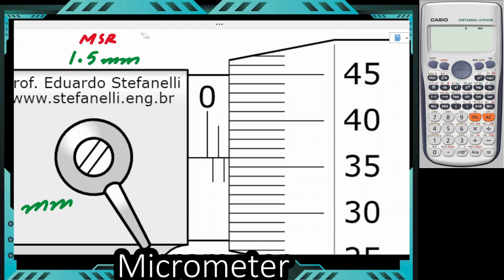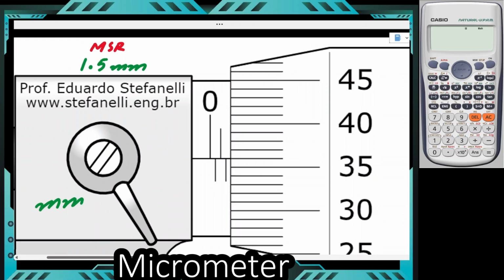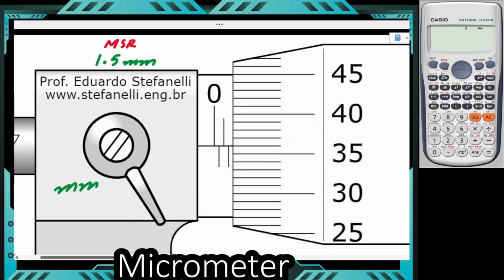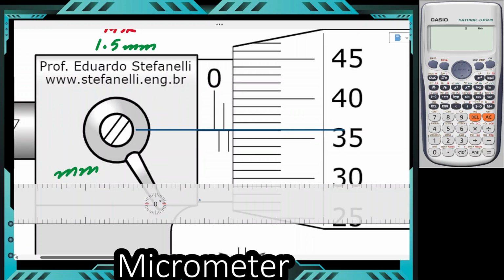Up next, you need to find the reading of the circular scale. What's the circular scale? This one. Then how do we find the reading of the circular scale? All you gotta do is keep a good focus on the central line. Now keep a check on the blue line. This is called main scale axis.